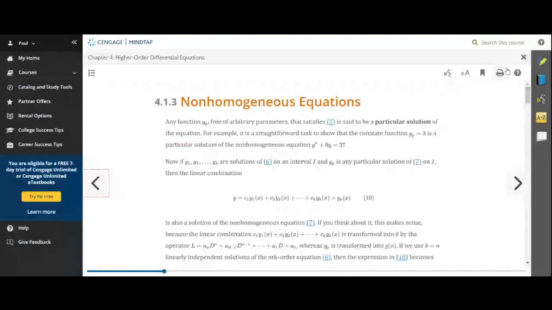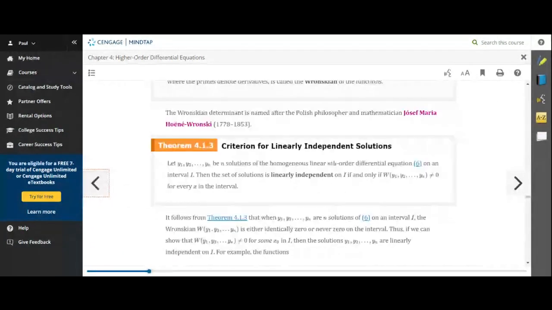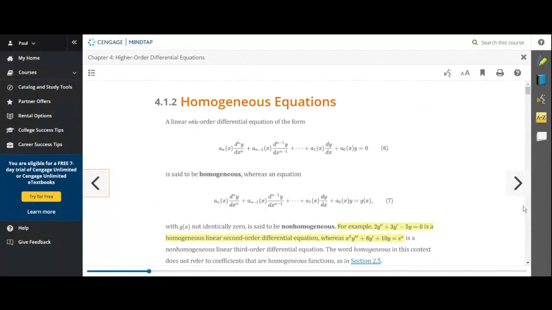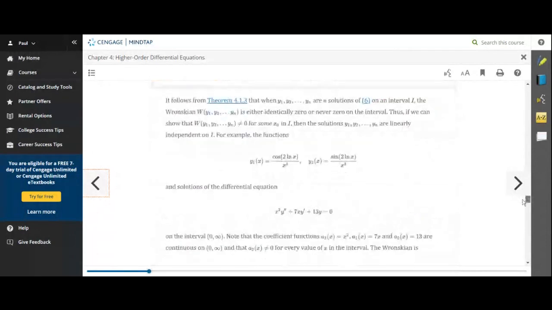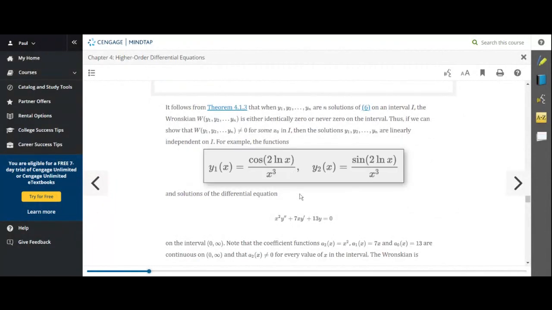Here they say, suppose we have these 2 functions. They turn out to be solutions to this differential equation below. Are those 2 solutions linearly independent or linearly dependent? Intuitively, you might think they're linearly independent. Let's see.